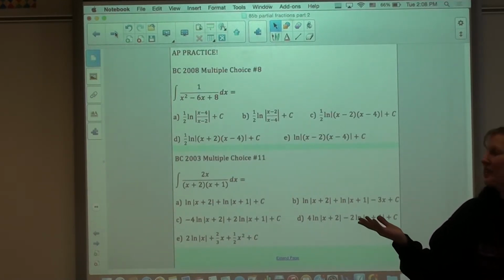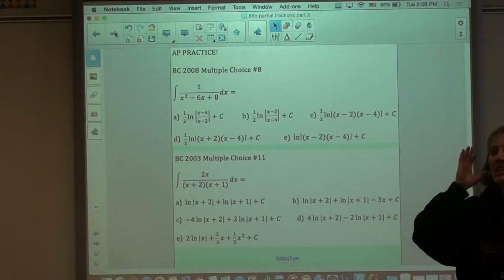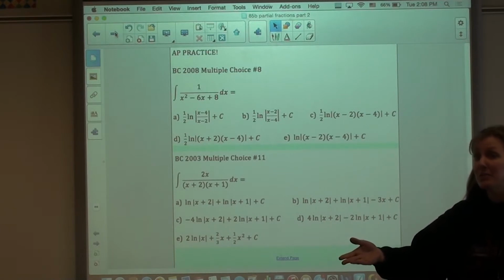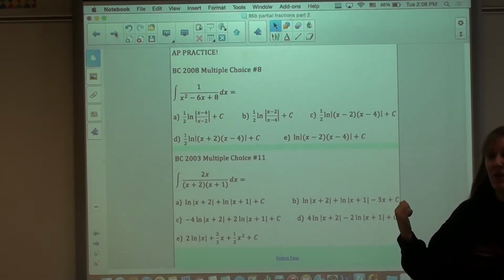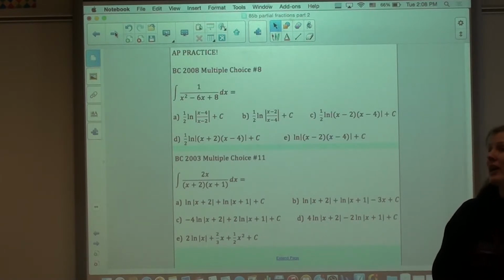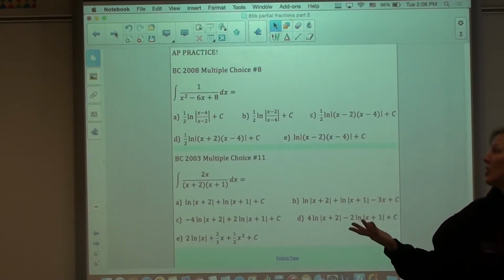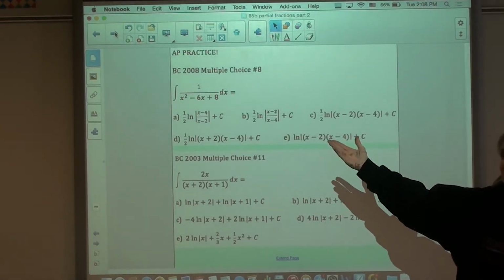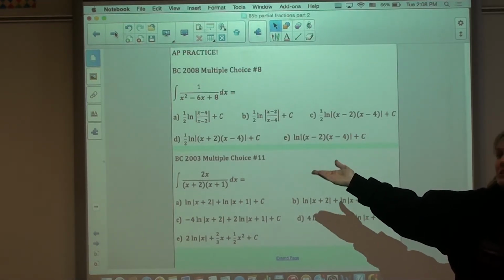So she said, just be warned that just because your answer matches doesn't mean it's right. They've gone through the most common mistakes. Some students, if you factor x minus 4, x minus 2, might factor x minus 4, x plus 2.